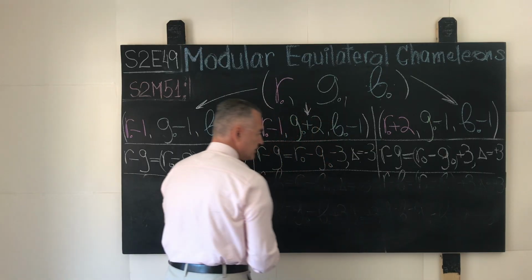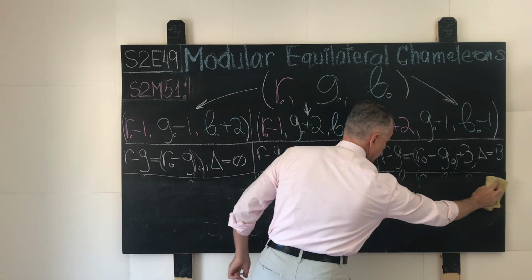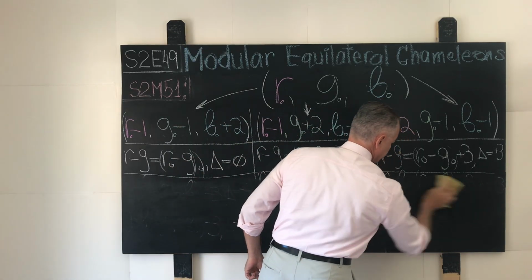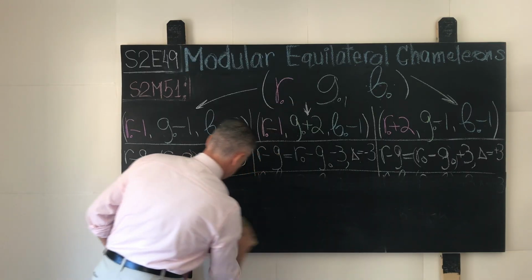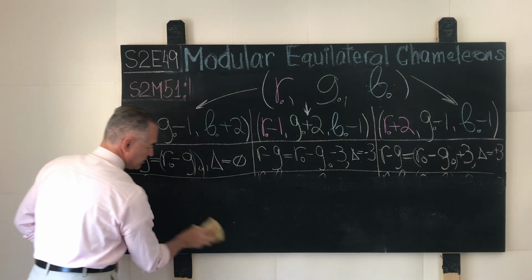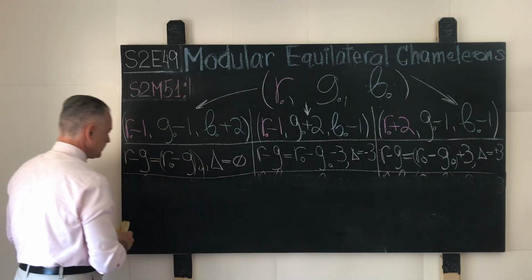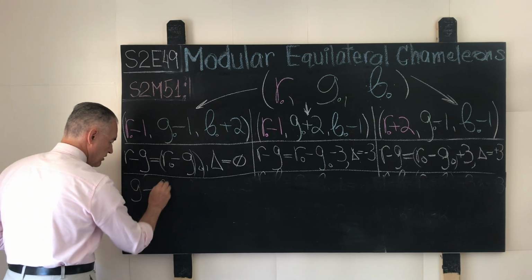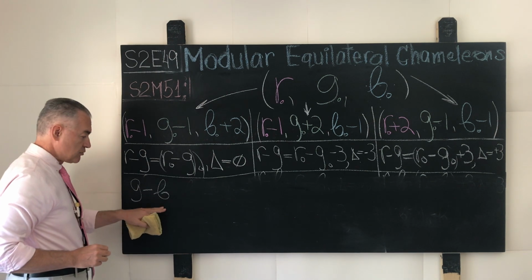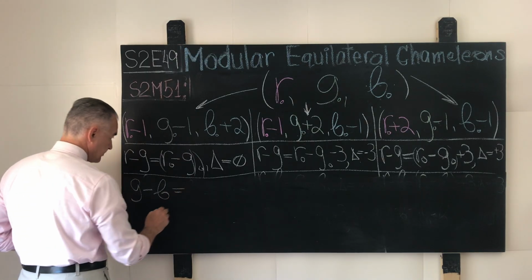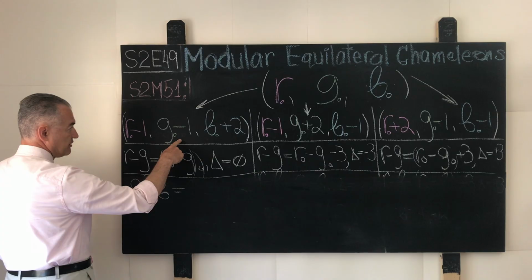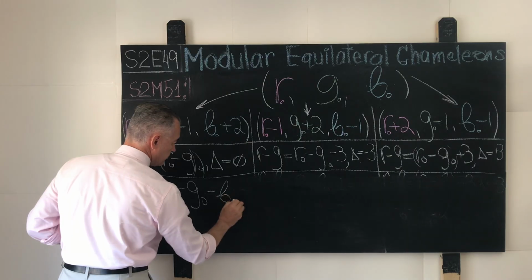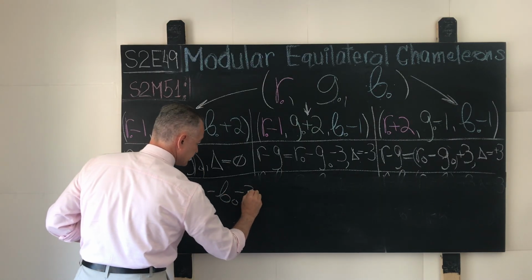Well, let's take a look at the difference first between the number of the green and the number of the blue chameleons. Let's see if I can erase this fairly well. We expressed it, for example, in this way: G0 minus B0 and what else? -3.